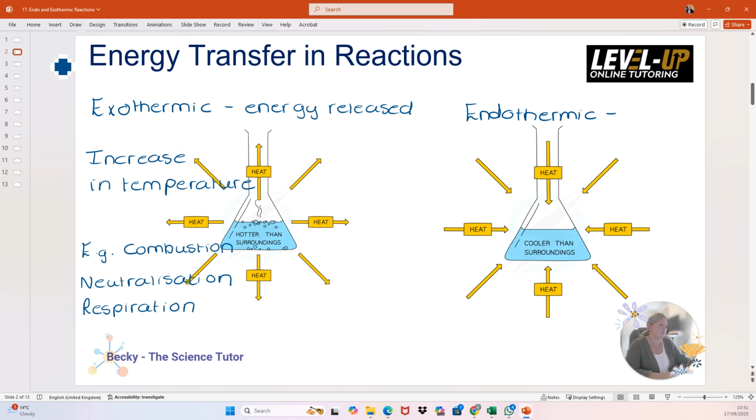So here the energy is being absorbed. Okay, so how would we detect that? Well, we would notice a temperature decrease, because the thermal energy from the surroundings is going into the reaction and therefore leaving the surroundings feeling cooler than they were.